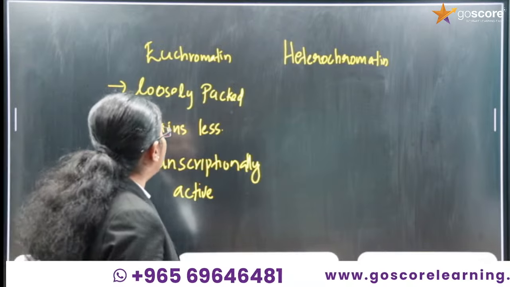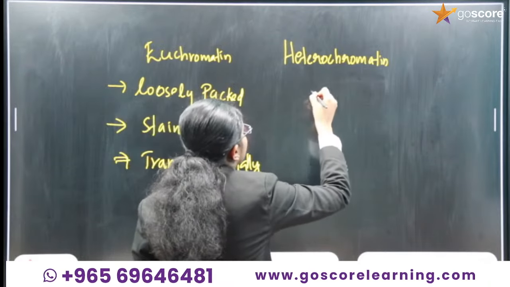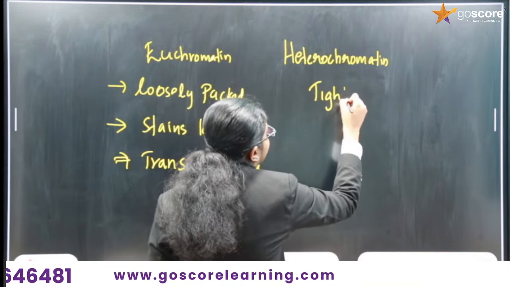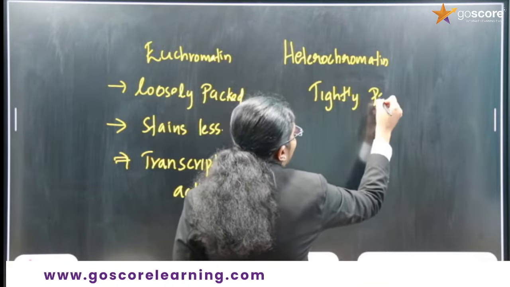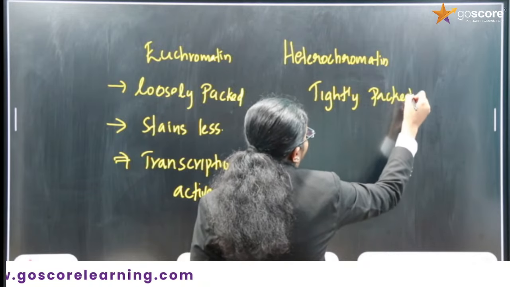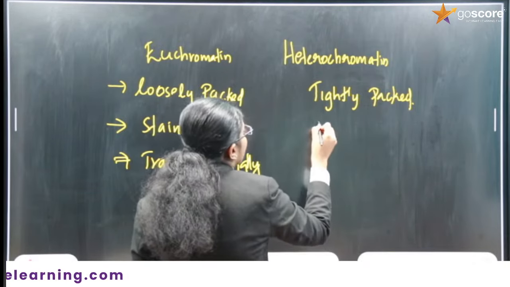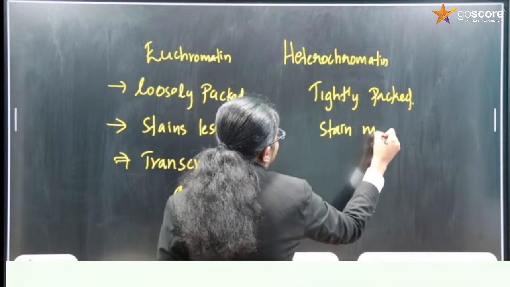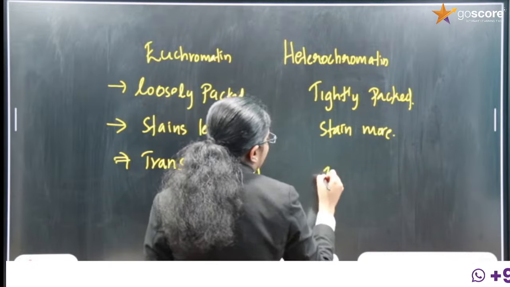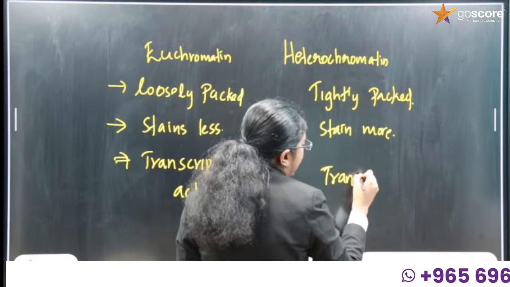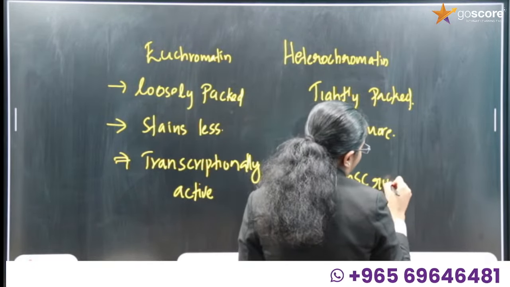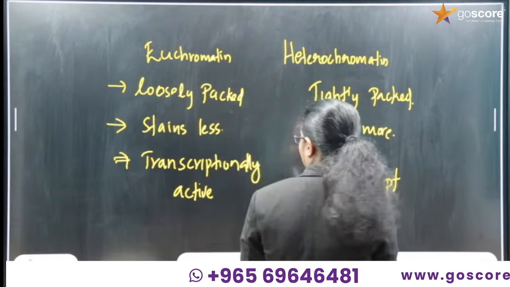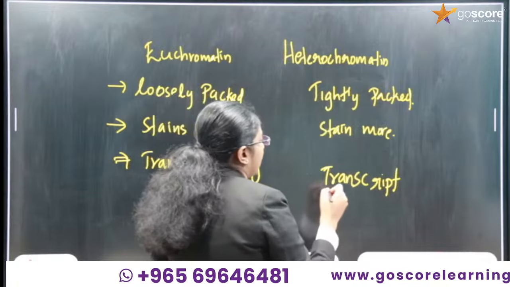If you are considering heterochromatin, it is tightly packed chromosome, and it stains more. Also, it is transcriptionally inactive. Both euchromatin and heterochromatin are present inside the chromosome.